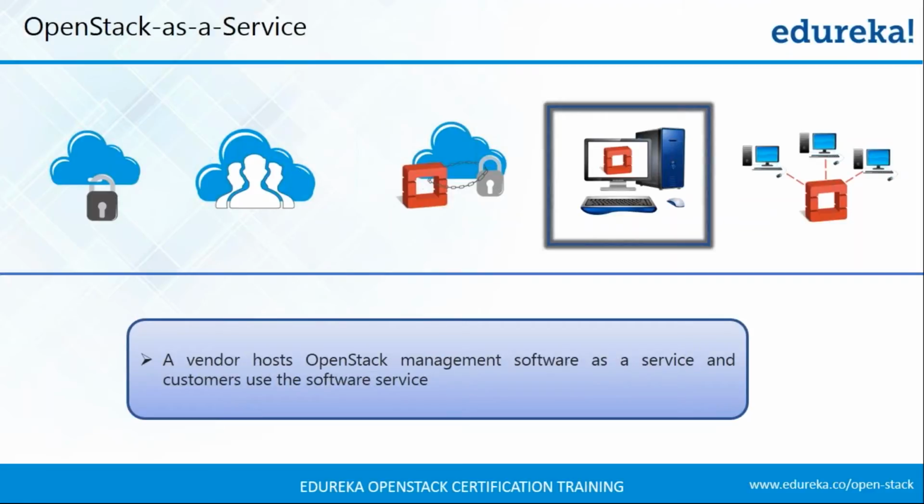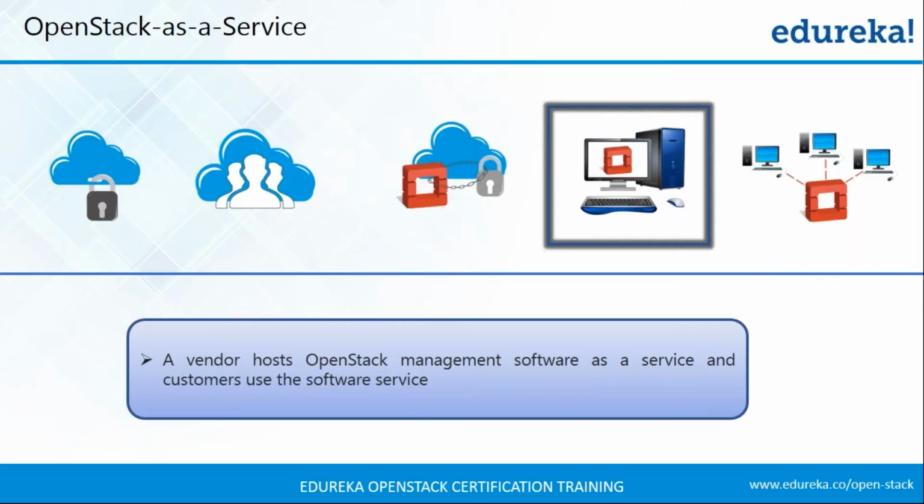The fourth is OpenStack as a service. So what happens here is that a cloud vendor actually sets up everything. He is using his server, he has set up an OpenStack, and you are just using services. So this is for small projects or small applications that you want to run. If there is a person who has actually set up an OpenStack, let's say that he'll give you maybe an OpenStack sandbox or something.